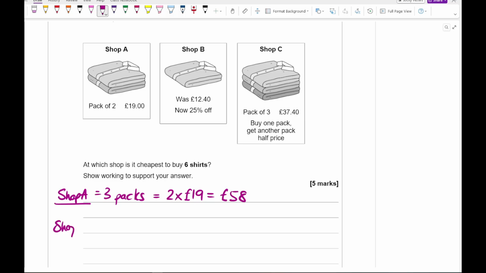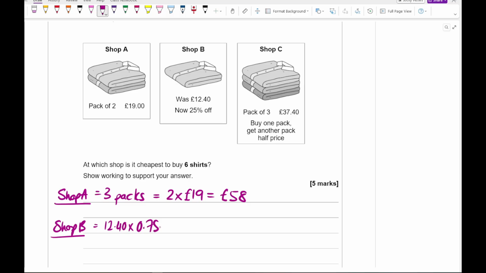Then going to shop B, if I'm wanting 6 shirts, I'm going to buy 6 single shirts. So what I need to do first is find the price of one discounted shirt. So it's going to be £12.40 multiplied by 0.75 because I'm taking 25% off. So I'm only wanting to know what 75% of that price is.